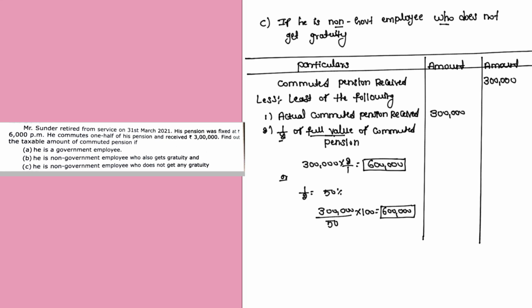So they are saying 1/2 of the full value of commuted pension of 6 lakhs. So 6 lakhs into 1/2, you will get 3 lakhs. So in least of the following, both amounts are the same. So take the same amount, 3 lakhs. If you deduct, you will get nil.